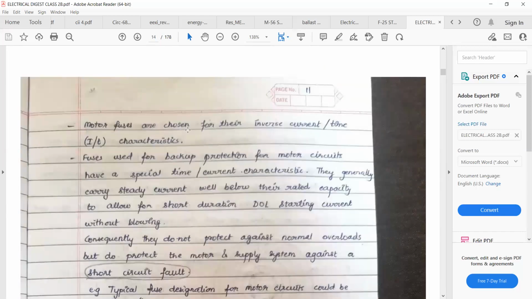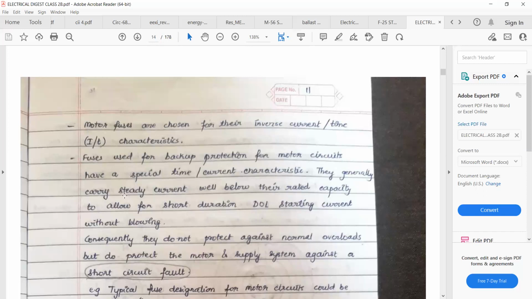Motor fuses are chosen for their inverse current-time characteristic. Fuses used for backup protection of motor circuits have a special time-current characteristic.